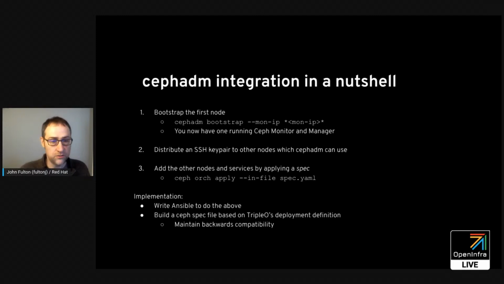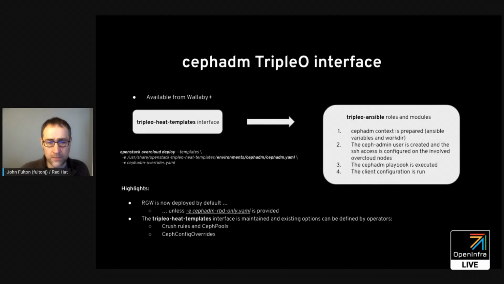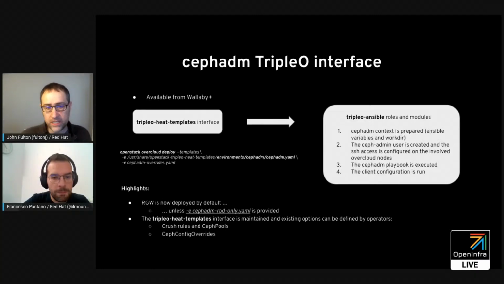So if you're using TripleO and you're used to maintaining things in the existing YAML files from the previous versions, those still work. We do a translation, so we have backwards compatibility, but then it's in a new spec file in the new format, which you can look at. So we apply all this for you.